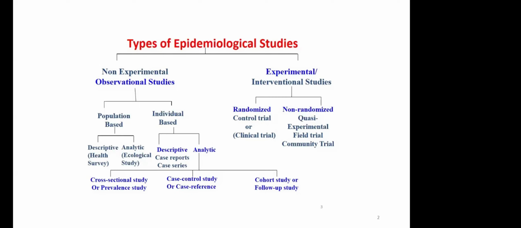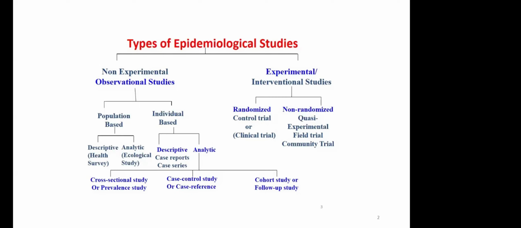Today, our focus will be on experimental or interventional studies, where the researcher usually gives an intervention to a group and then observes to see whether there's an effect that occurs after that intervention and tries to describe it.